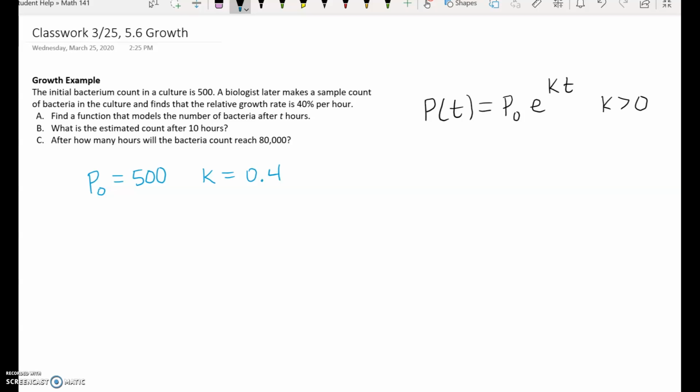So let's put together what we have so far. We can say that for part A, the amount of bacteria after a certain amount of time will be 500 times e raised to the 0.4 times t power. So that's our answer to the first part.